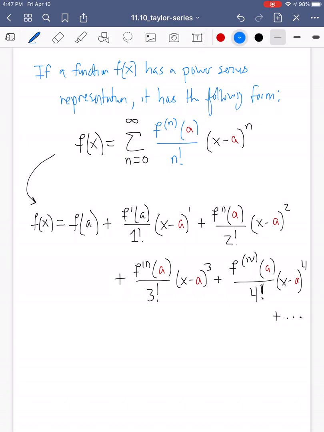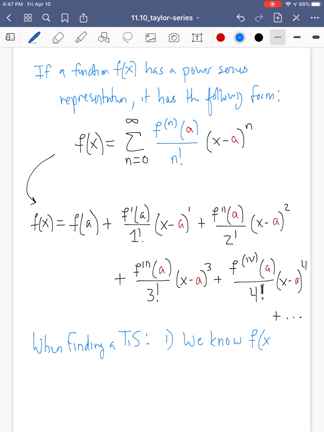So again, to note, when we're trying to find a Taylor series or a power series for any function, what I want us to remember is we know what the function is.